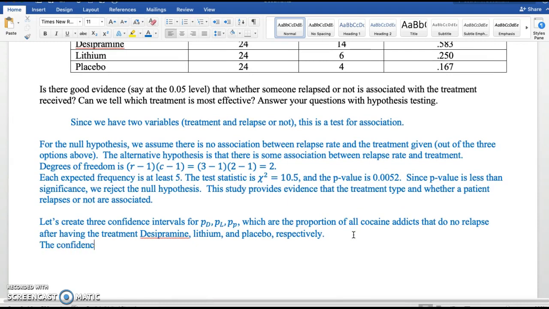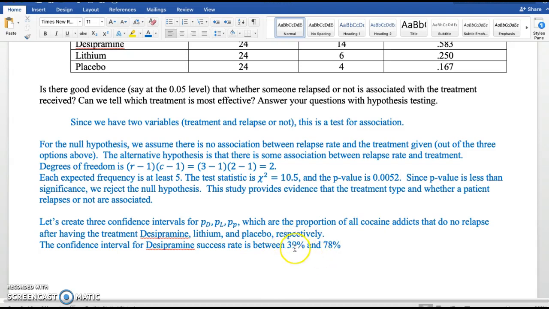So the confidence interval for disipramine success rate is between 39% and 78%.